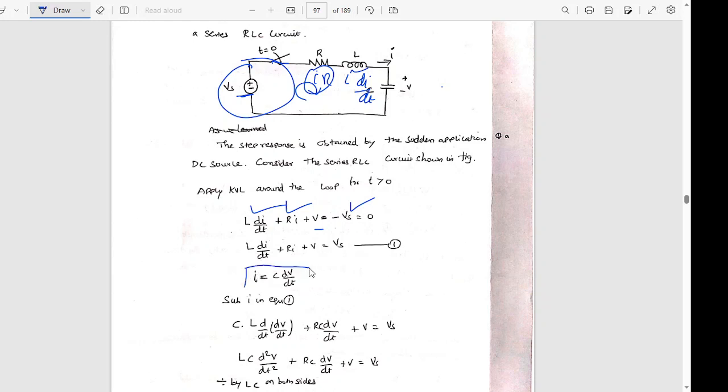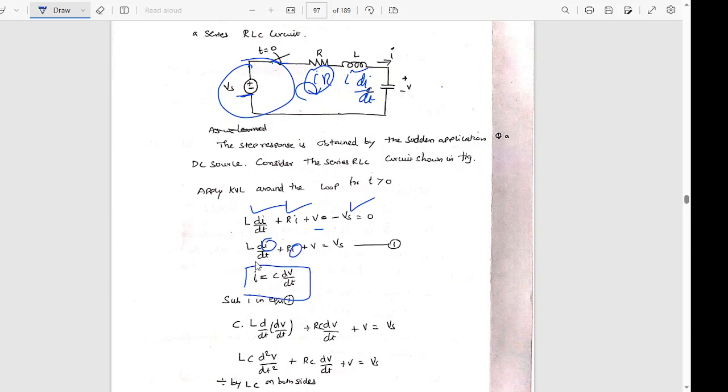Let us consider the current-voltage relationship of a capacitor, i equal to C dV by dt. Now substitute that in the equation. All the i's will be replaced with C dV by dt.